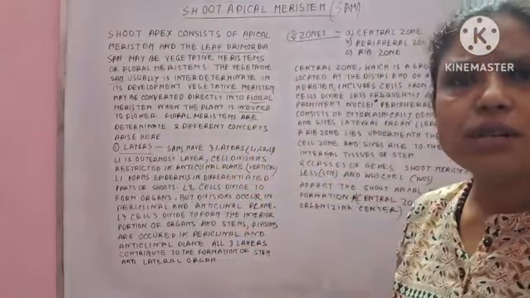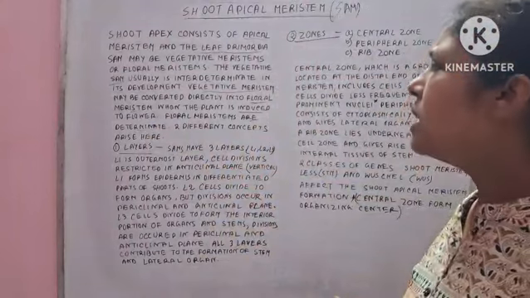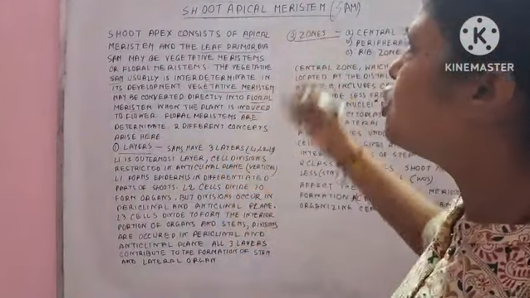Two different concepts arise for the development of the shoot apical meristem.